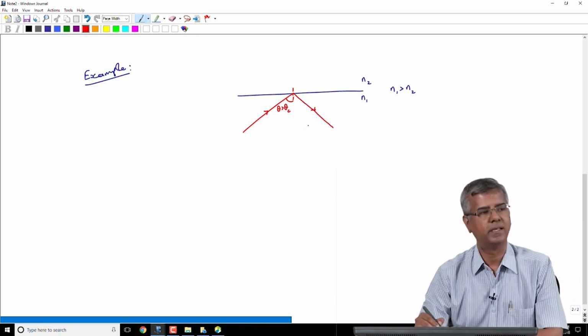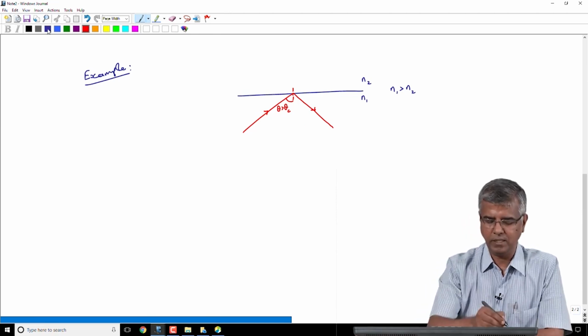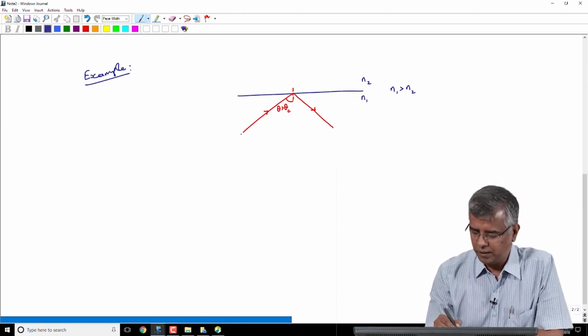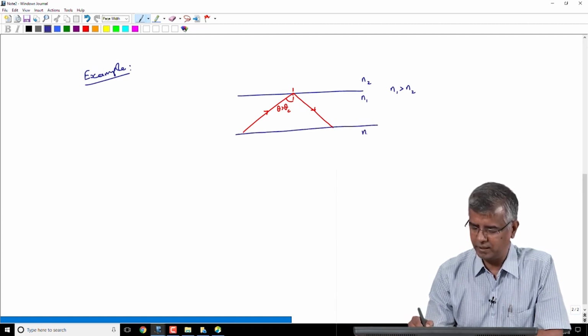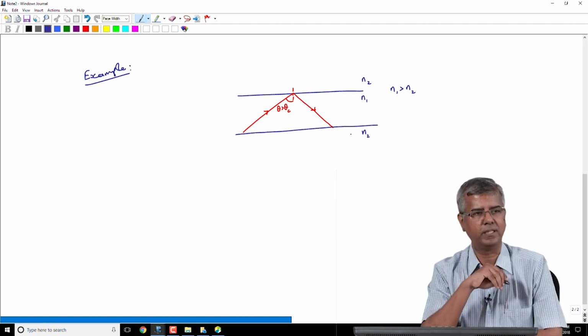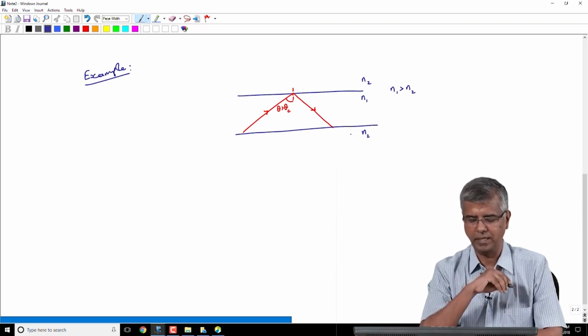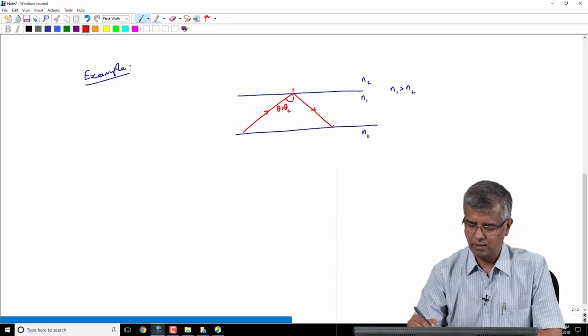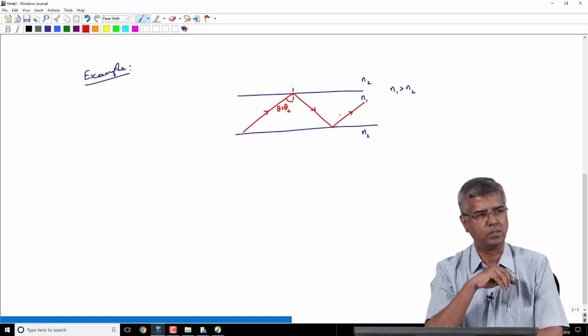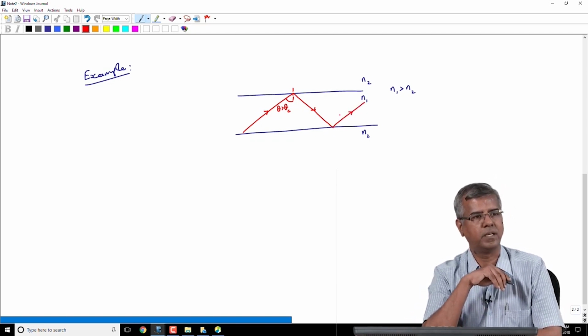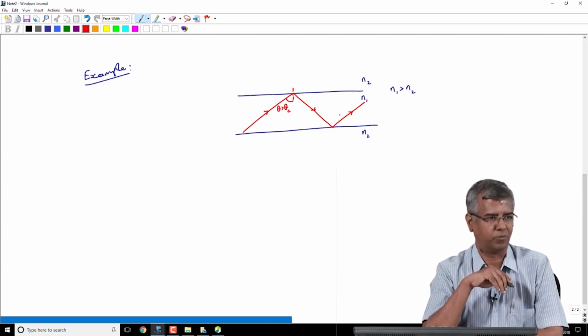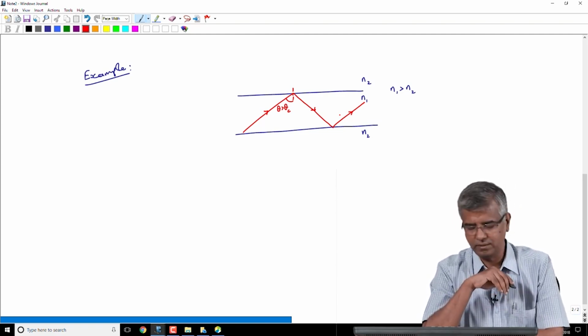You have total internal reflection, and then we said, okay, if I put another parallel interface over here, and outside of that interface once again you have this medium n2, then you could support this bounce, right, and you can make a waveguide out of it, right.